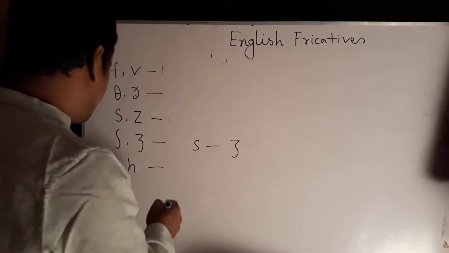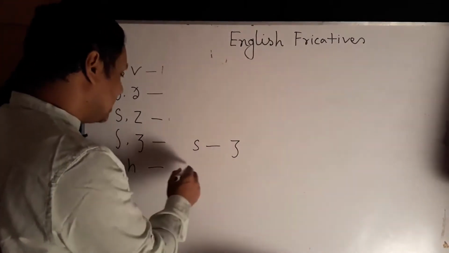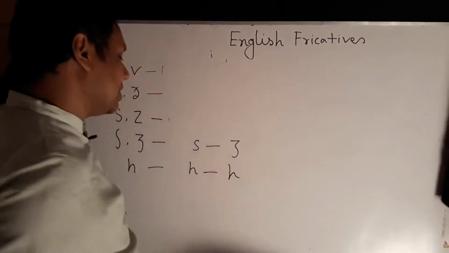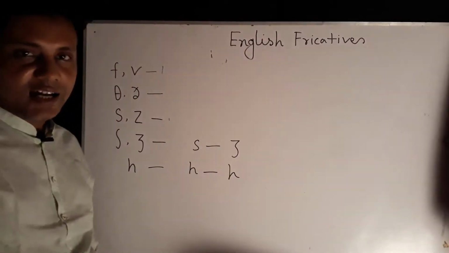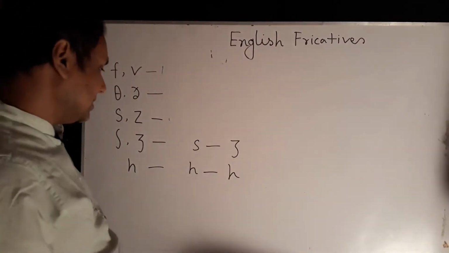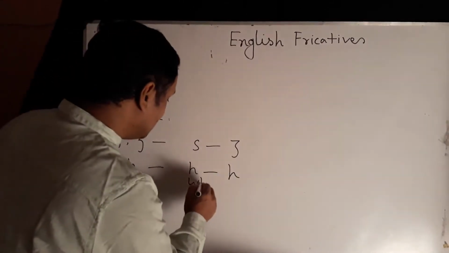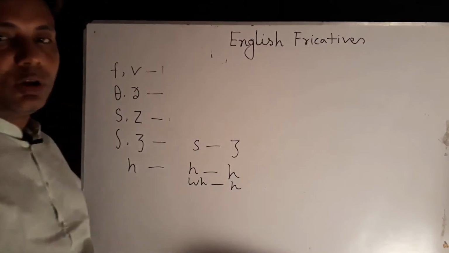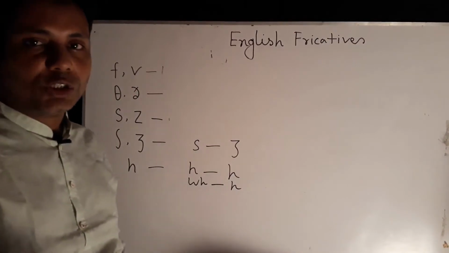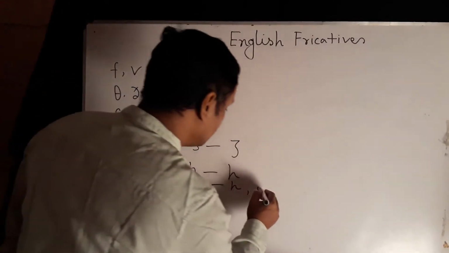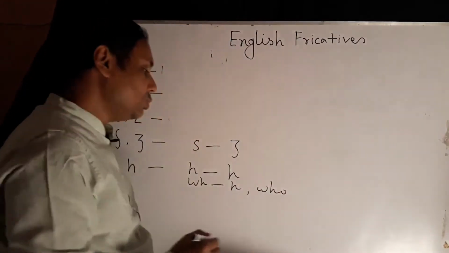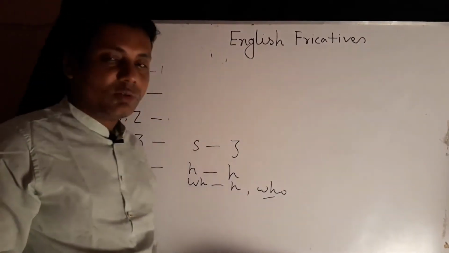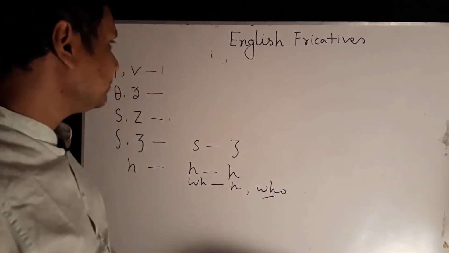And H, ha: when you find H, it is pronounced as ha. Sometimes WH is pronounced as ha. For example, who, here WH is pronounced as ha.